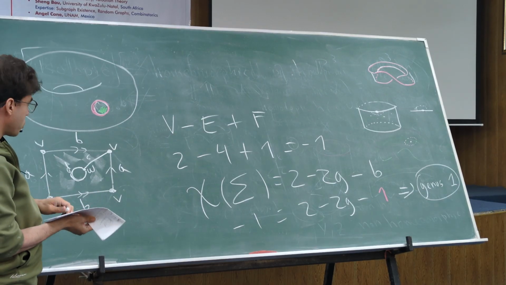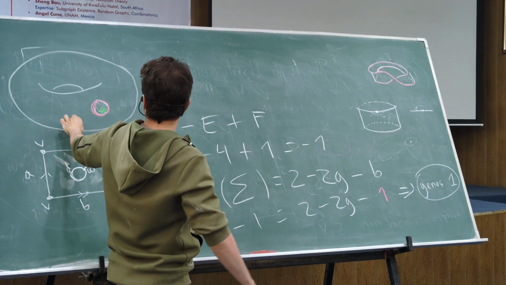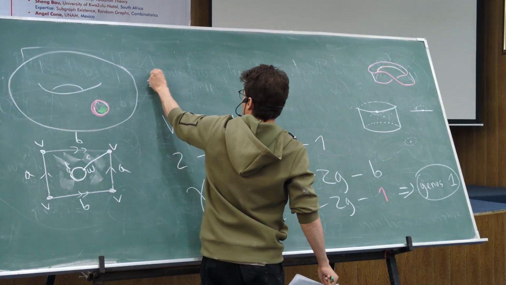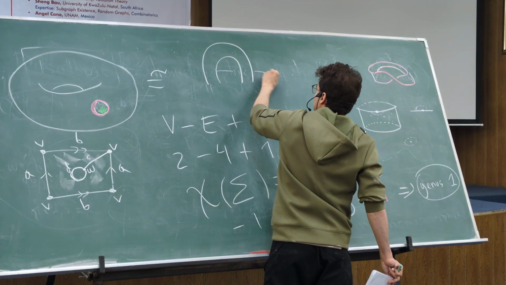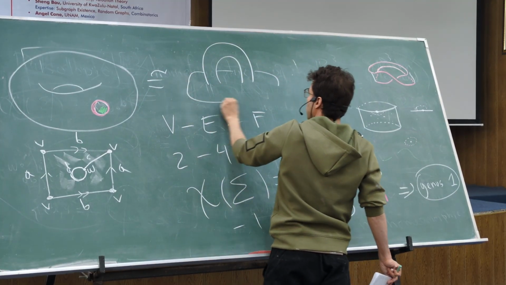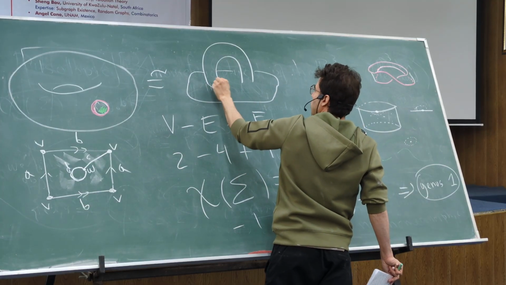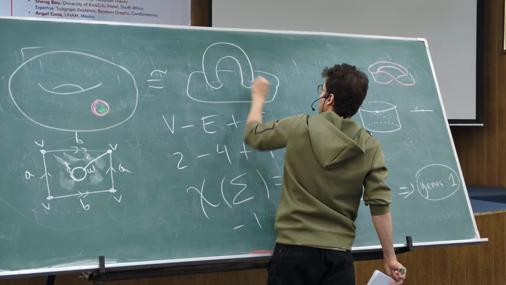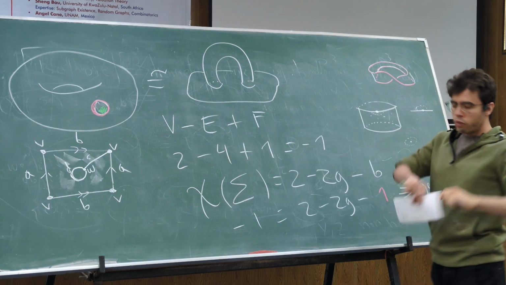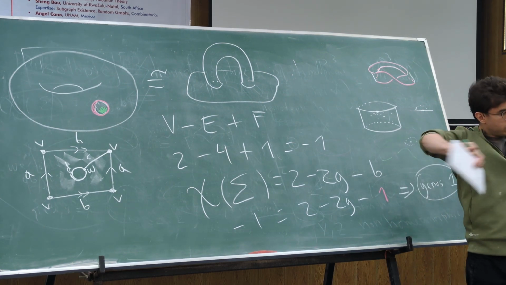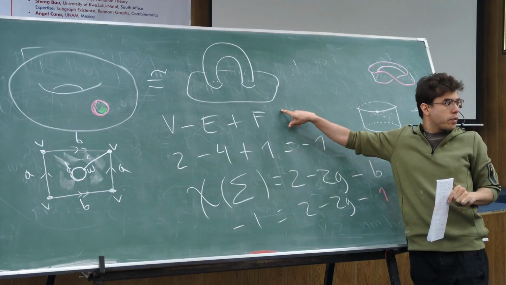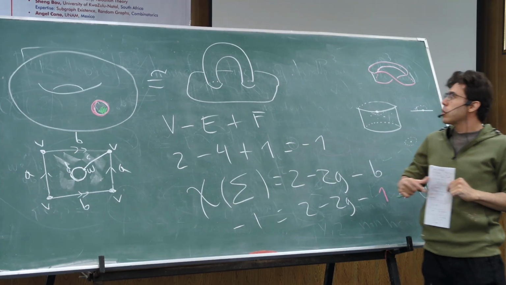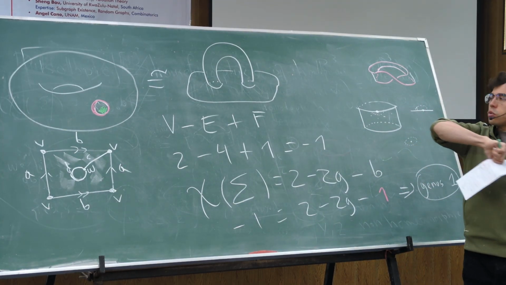So maybe a better drawing is like this, there are other ways to draw this. I can draw this like this. So if I open the hole, it becomes this space. But I can continue to open.